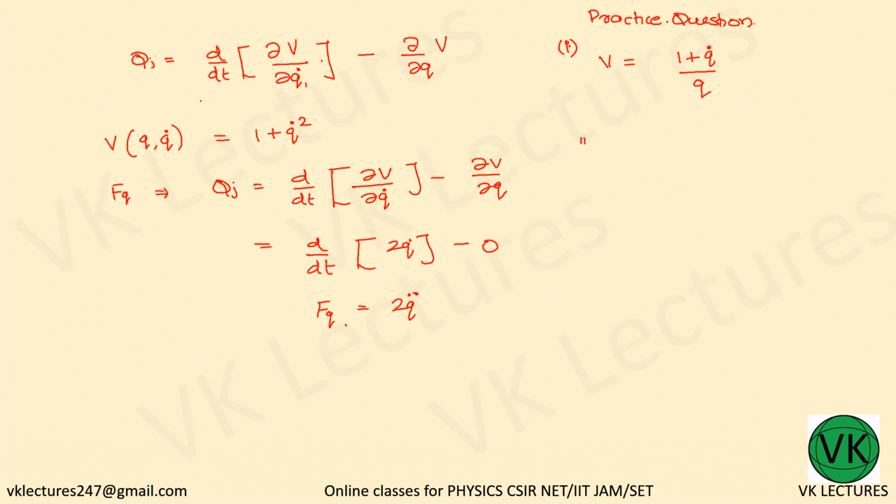The second question, V is equal to 1 plus q dot by q squared, and the third one, V is equal to q dot by q.